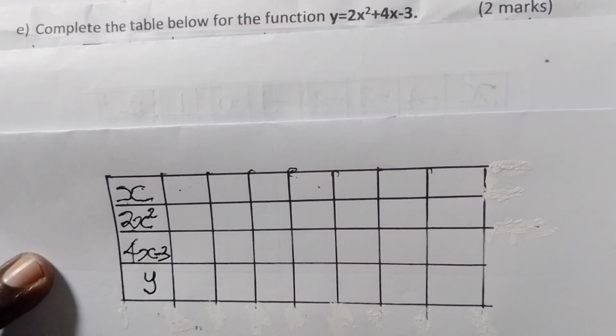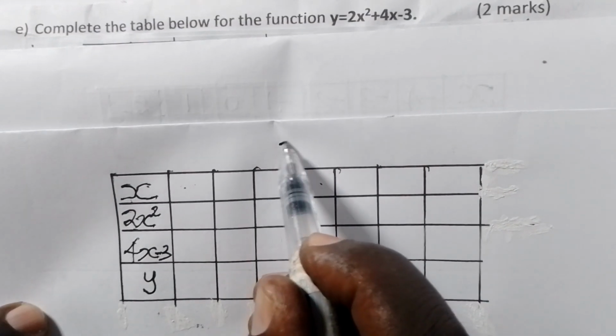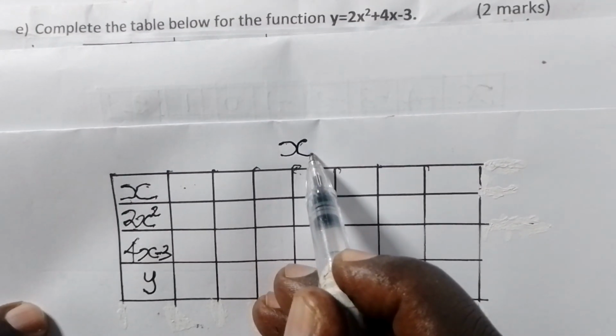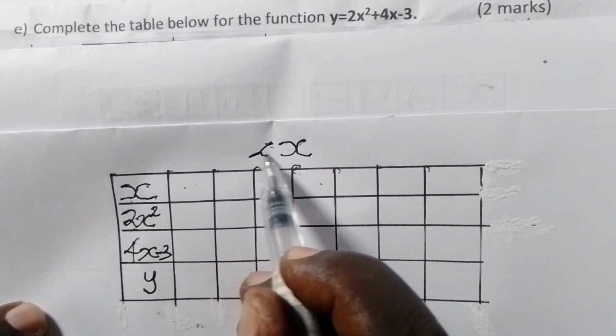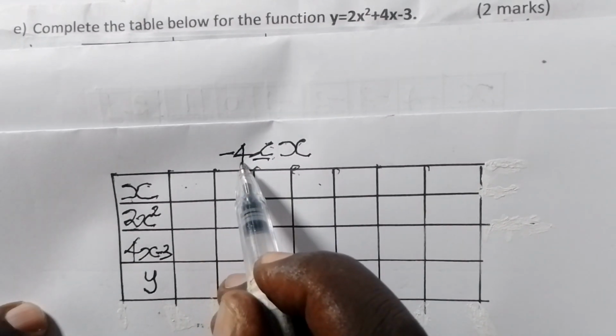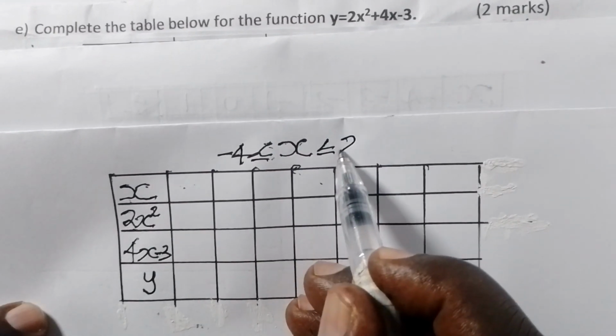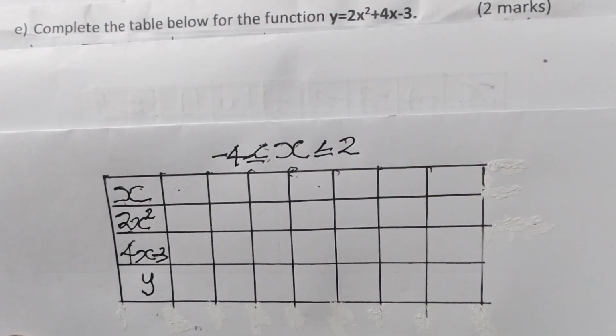Now normally the range of the values of x is given. You'll be given the range for the values of x. So in this particular case, our x is greater than or equal to -4, but less than or equal to 2, like that.